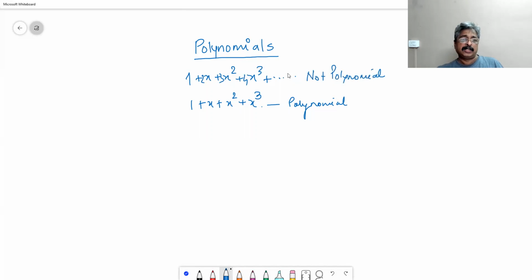The word for this kind of expression in maths is called power series. Because you keep on writing whatever number of terms you want. And it is also a very useful identity.